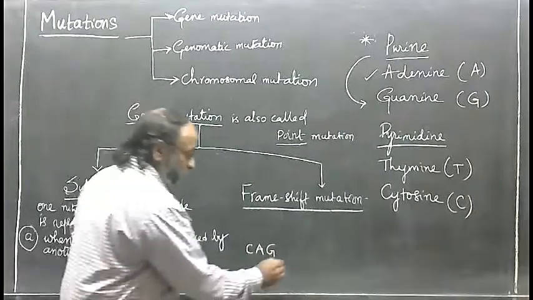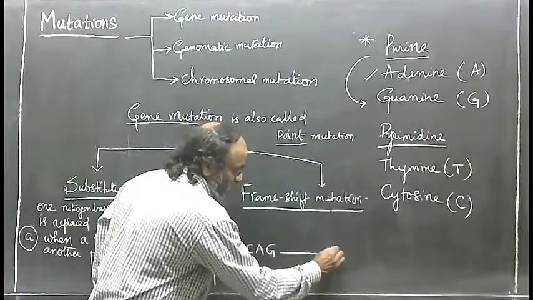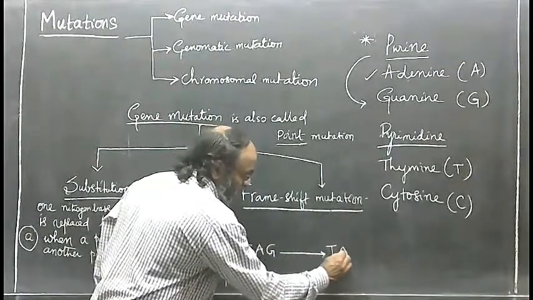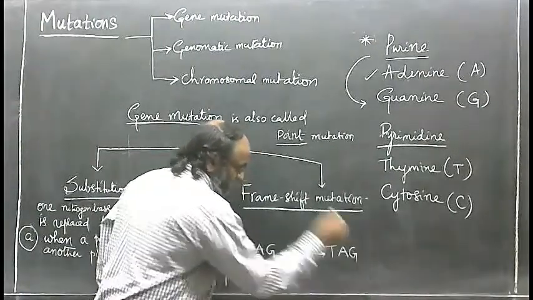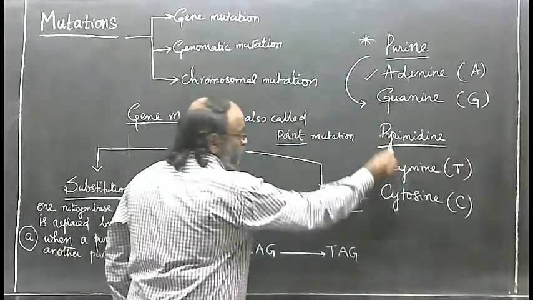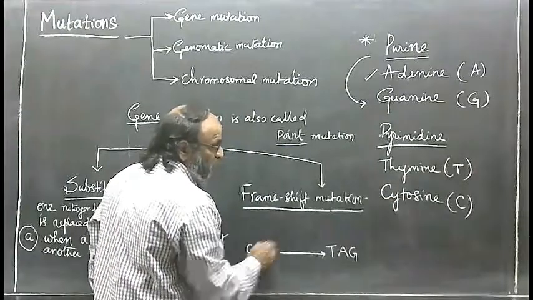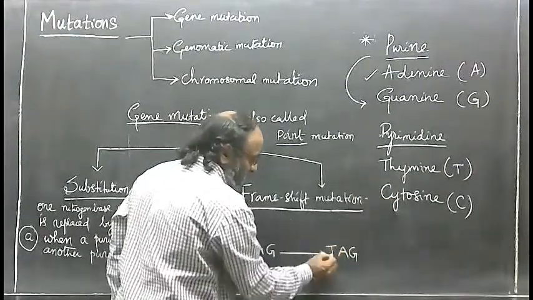Upon mutation, the cytosine, which is a kind of pyrimidine, is replaced by another pyrimidine, that is thymine.